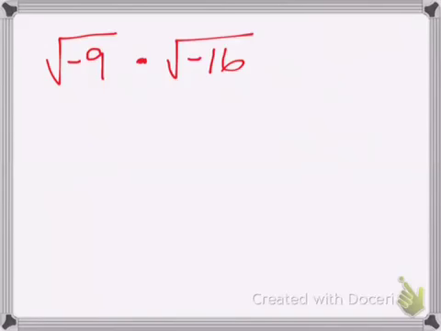Now, we can't multiply negative 9 times negative 16 and get positive 144 and say that's equal to 12. It's against the rules. You can't multiply complex numbers like that. Everything inside you wants to, but you can't.